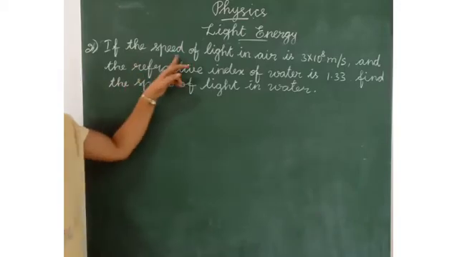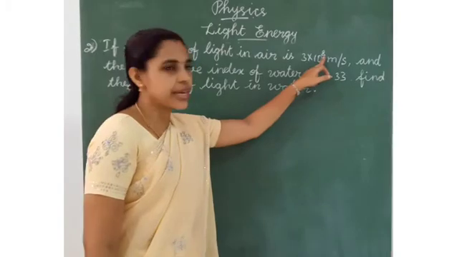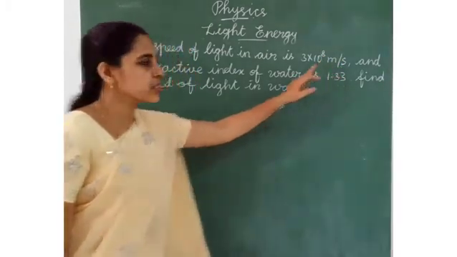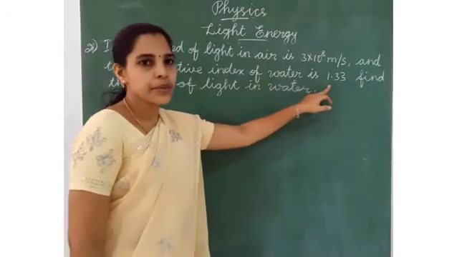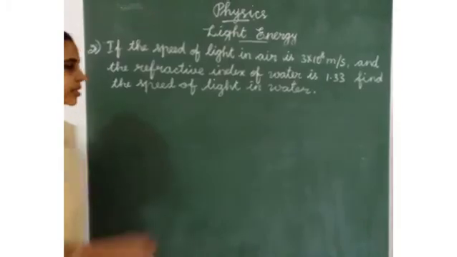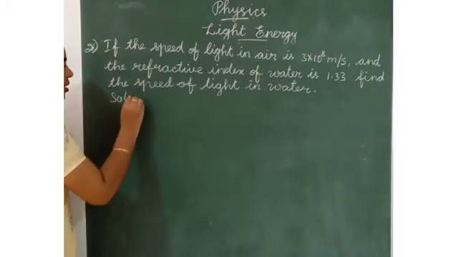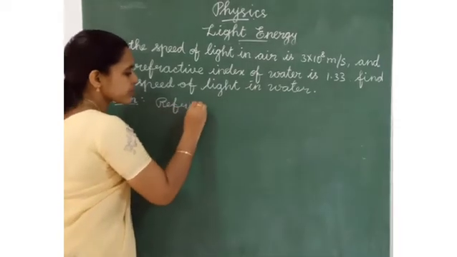Listen here. If the speed of light in air is 3 into 10 power 8 meter per second and the refractive index of water is 1.33, find the speed of light in water. Solution. First we have to write the formula.